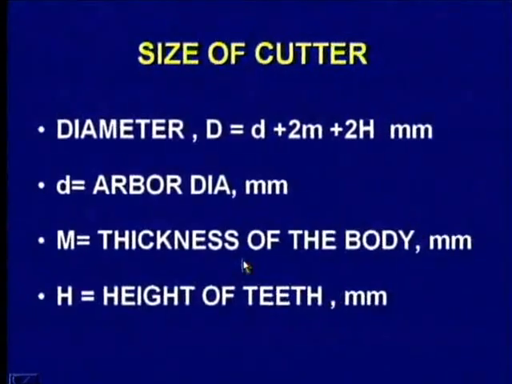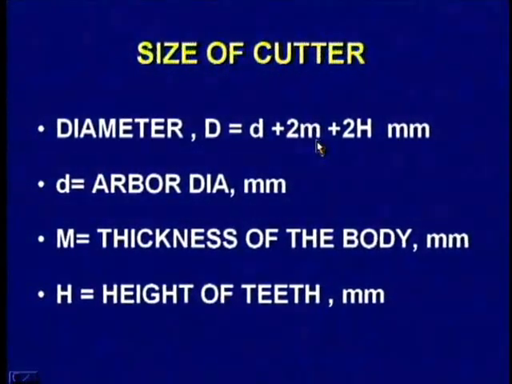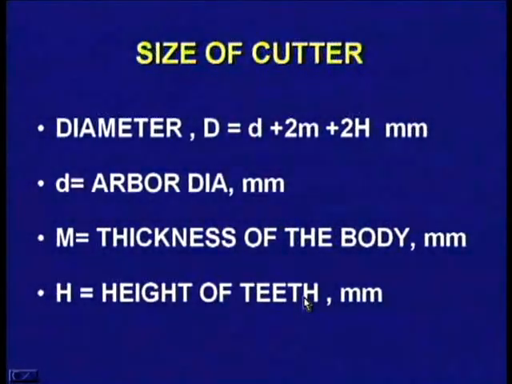And the size of the cutter is obtained by these relations. First of all, the diameter. D is the diameter, capital D. Small d plus 2m plus 2h is the total diameter obtained, where small d is the arbor diameter, m is the thickness of the body, and h is the height of the teeth.